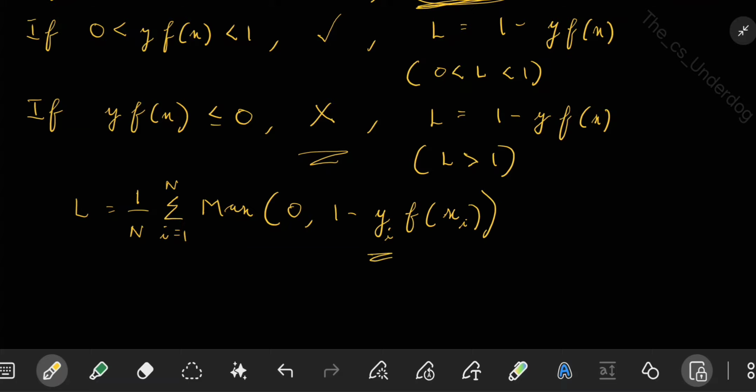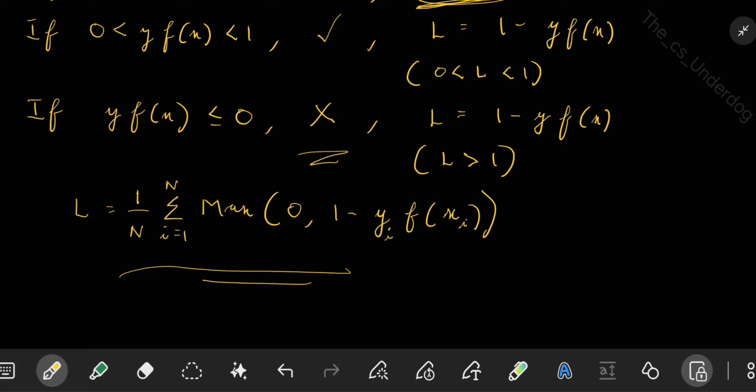So what do yi and xi mean here? xi means the ith input and yi is the ith output, the true label. xi is the input, f of xi is the output of the model, yi is the true label. So this is the loss function that you have.